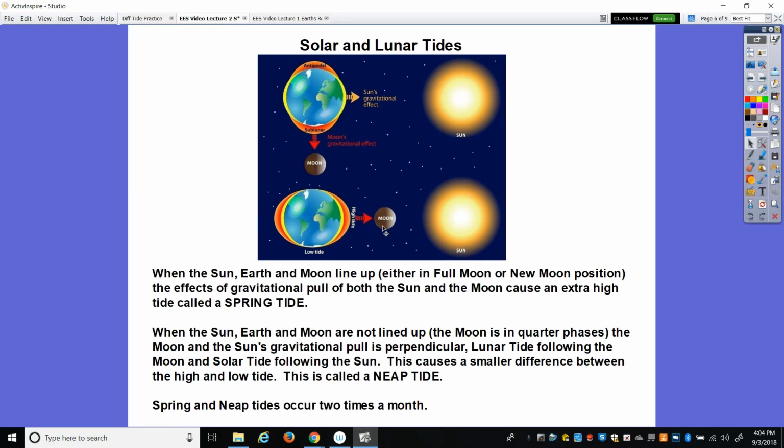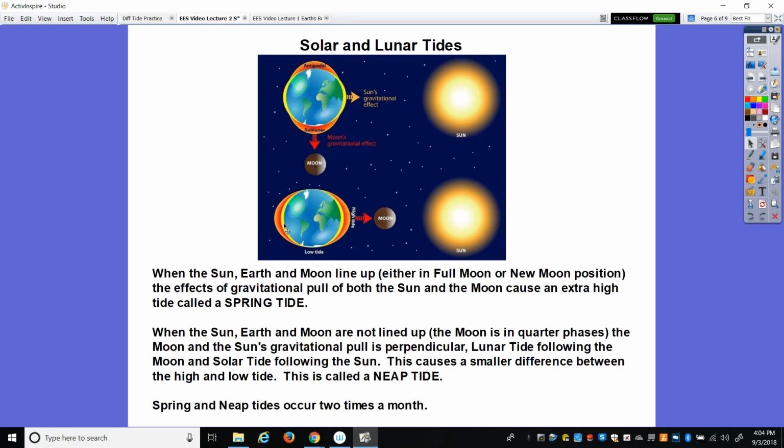This would be a new moon because the sun's light is not reflected on it, but a full moon would be on this side. Not only does the sun have this yellow portion here, which is the sun's pull on the water or the oceans, but the orange section is the moon's pull.